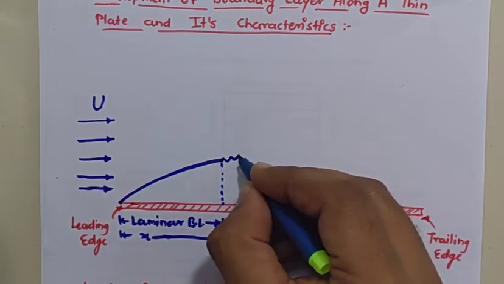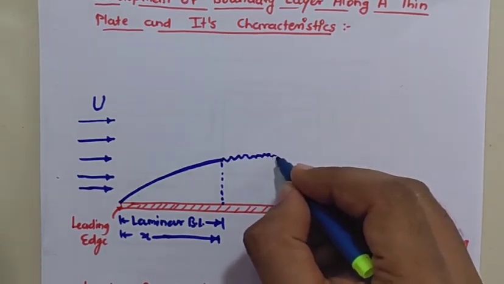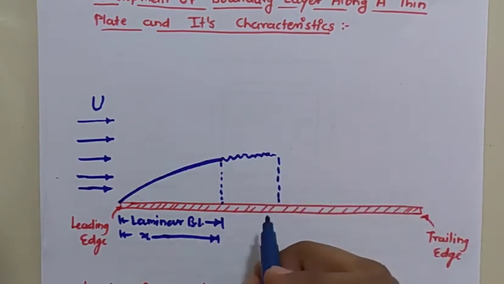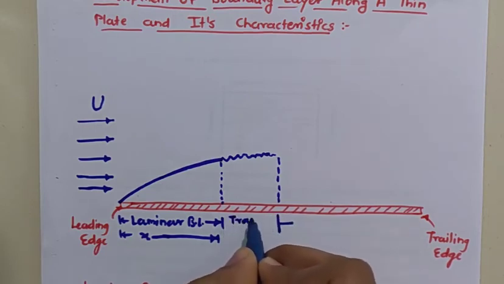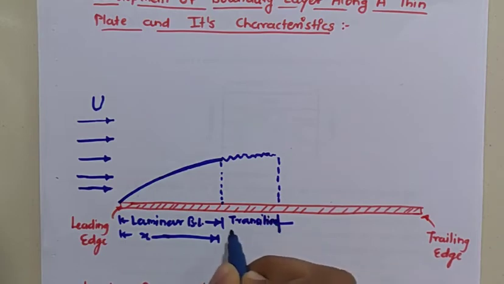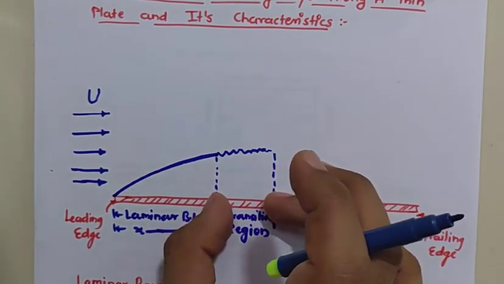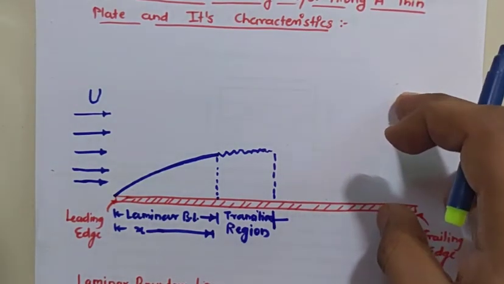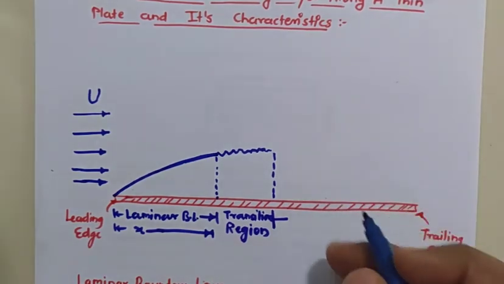So here you will find that there is an unstable nature of boundary layer, and this region is called the transition region. After this zone, the thickness of the boundary layer goes on increasing rapidly, and flow in the boundary layer exhibits characteristics of turbulent flow. This is known as turbulent boundary layer.